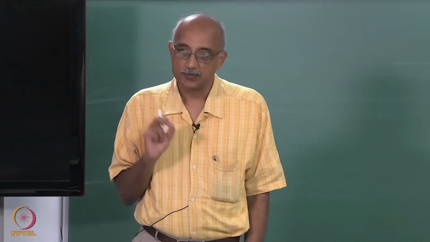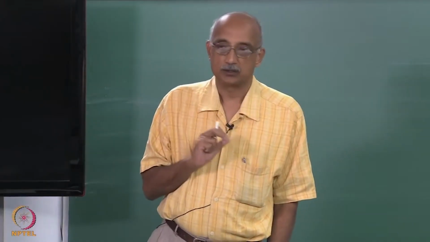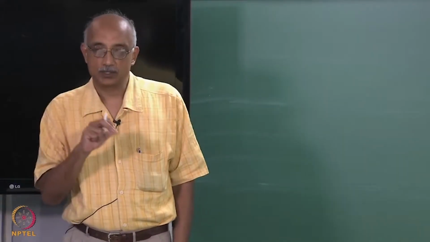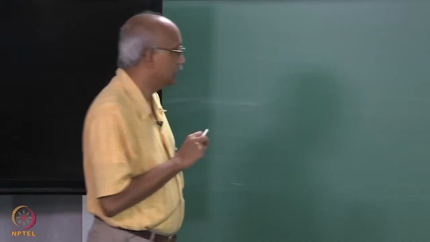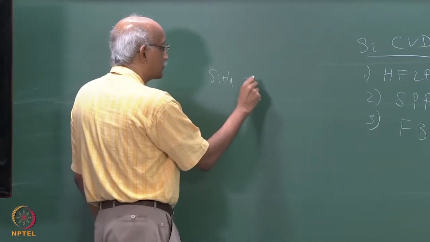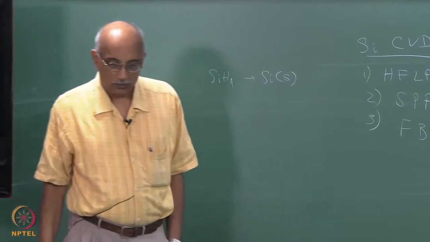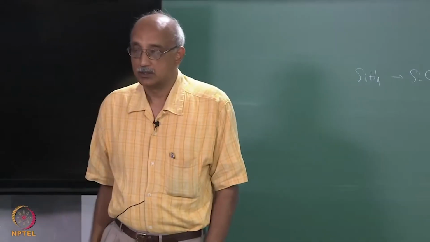But in the case of specific systems like silicon CVD, there has been a lot of work done to diagnose what are the dominant chemical reactions taking place inside the reactor, particularly in the case of SiH4 silane going to silicon solid. There is quite a bit of literature that tries to describe exactly what the reaction sequence is.